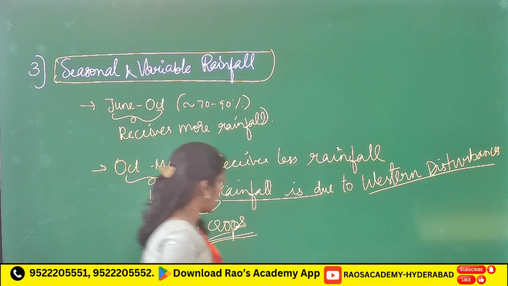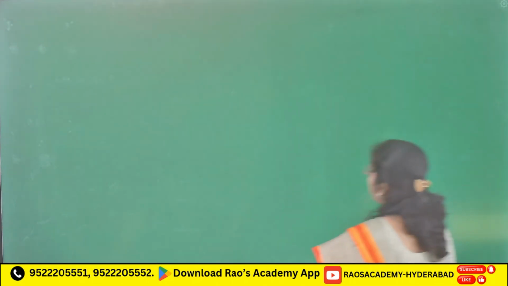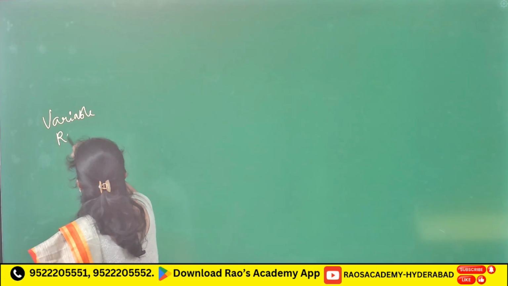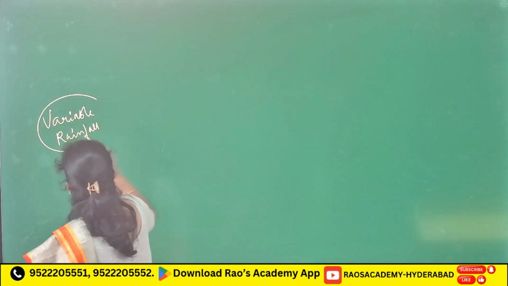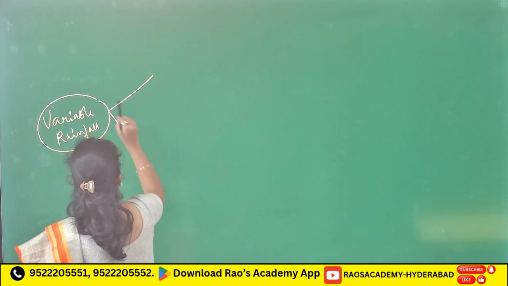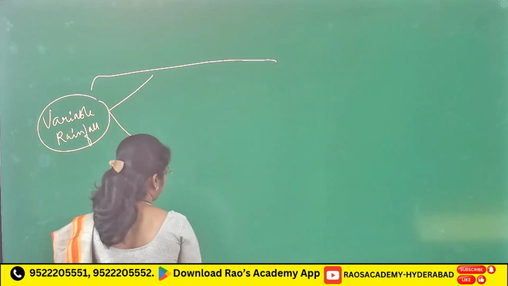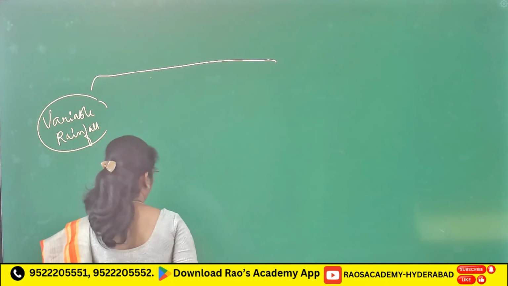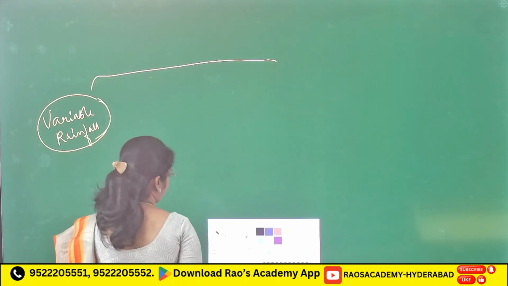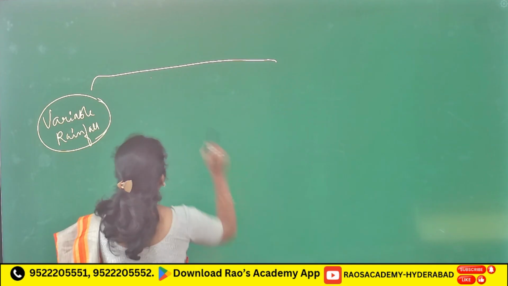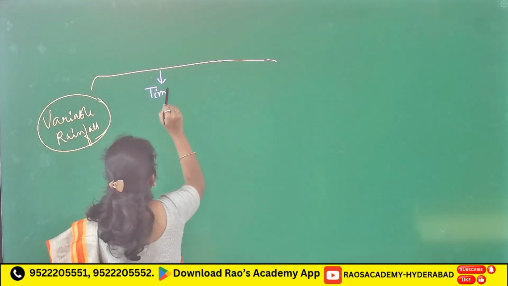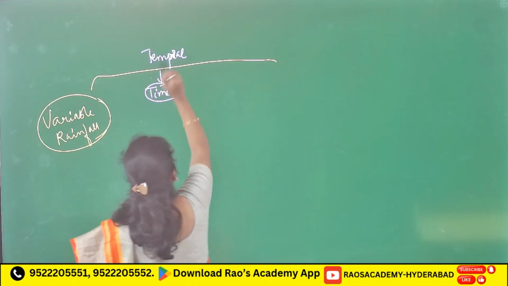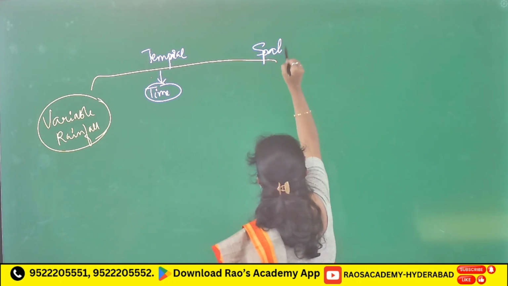Now we have seasonal rainfall. Next we are going to see variability in temporal and spatial. Variable rainfall: time, temporal variability and spatial variability.